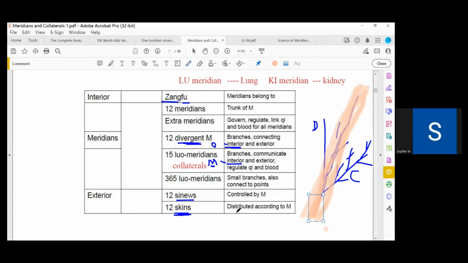Sinews, this one also controlled by the meridian. For example, the lung sinews were controlled by the lung meridian.